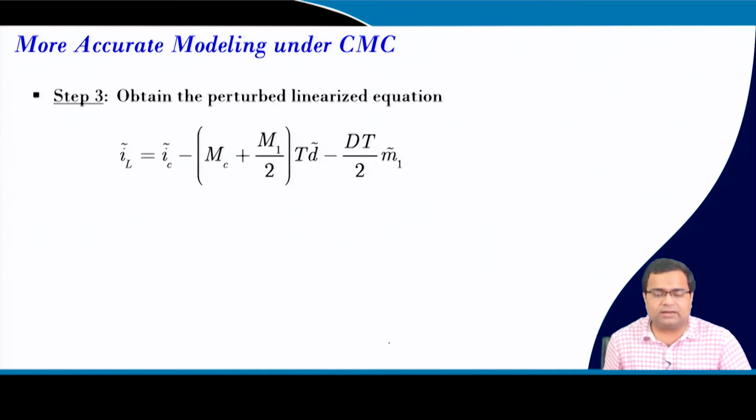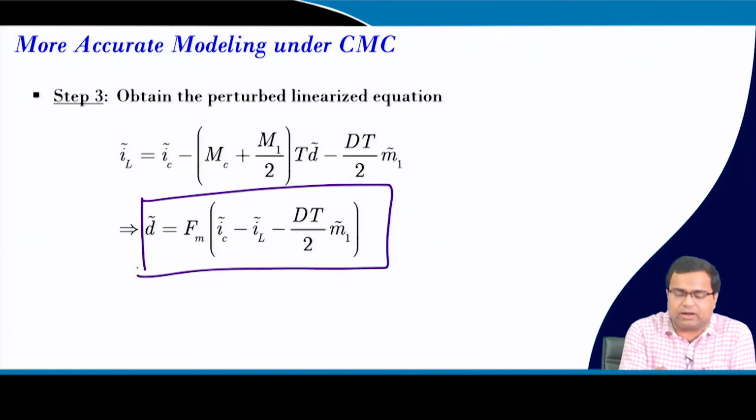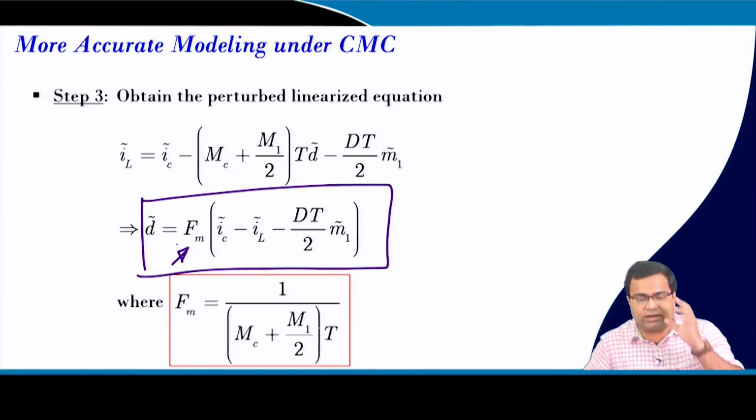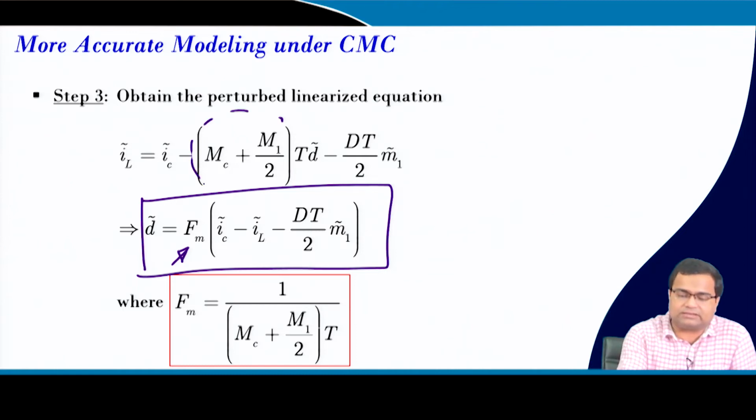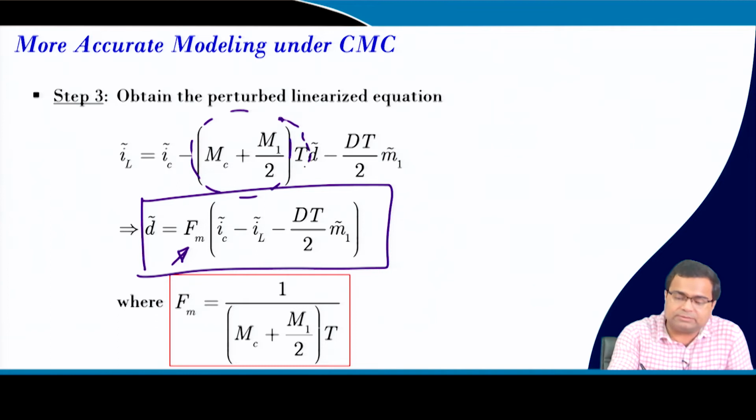So, this is the expression that we are looking for, and this is the modulator gain. And this modulator gain is nothing but 1 by this particular term.